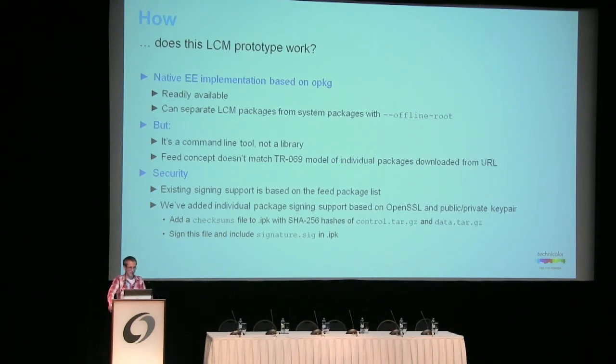And as a kind of a proof of concept, we want to separate the stuff that you do with LCM, these LCM packages, from the rest of the system. With OPKG, you can simulate it a little bit by installing it in a different root directory. It's not ideal, of course, but just as a proof of concept you can make it work.